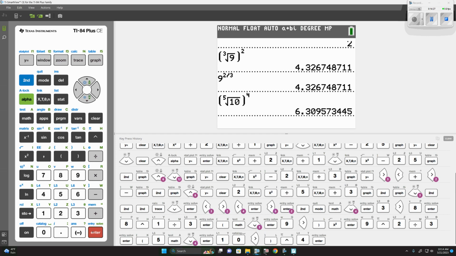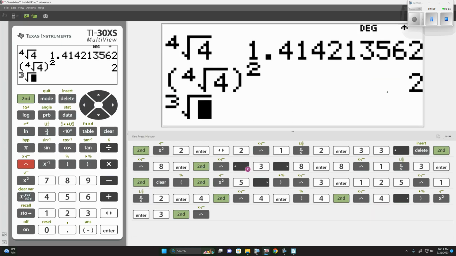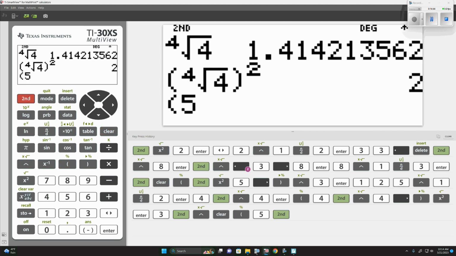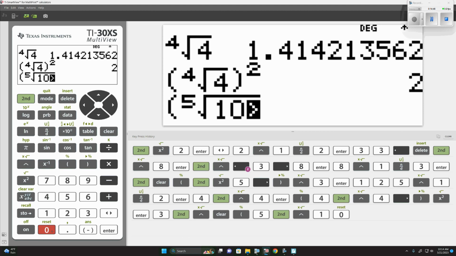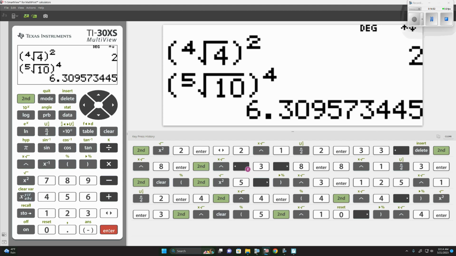We get this here, 6.30957. And going on. Now if we did this in the other calculator, we did parentheses 5, 2nd root of 10 to the 4th. And you see we get the exact same thing.